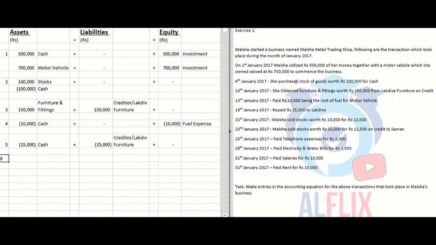Transaction number 6. On 21st January 2017, Malsha sold stocks worth rupees 10,000 for rupees 12,000.